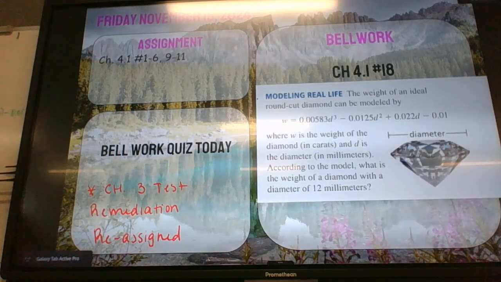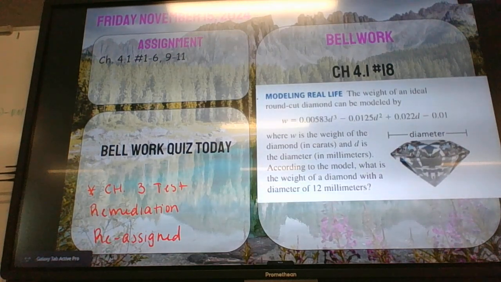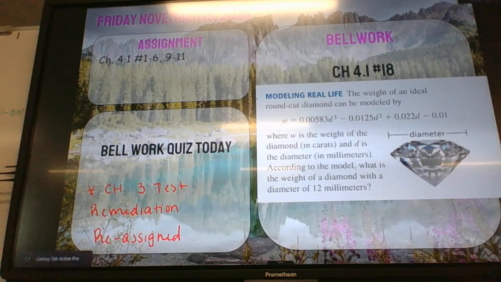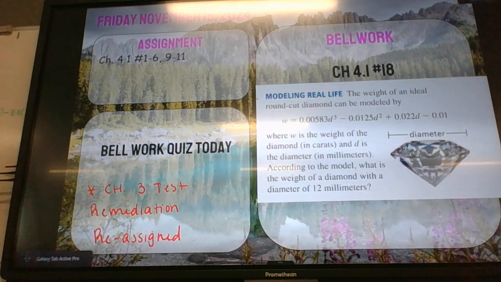Wait, Miss, how do you put the 3 in? The empty box. This is the button you're gonna use in this chapter since we're going higher than power of 2. X with the empty box.